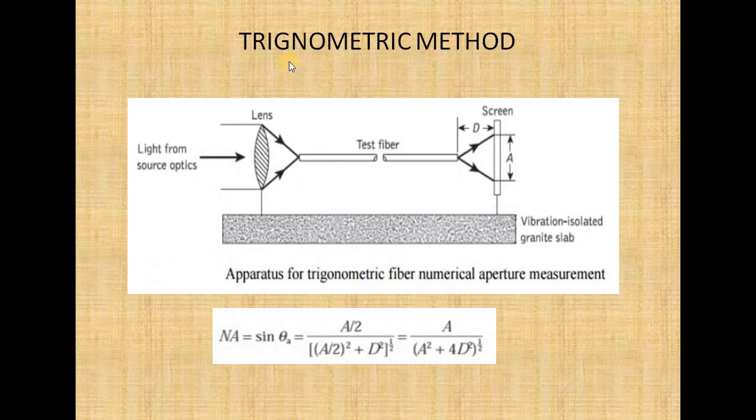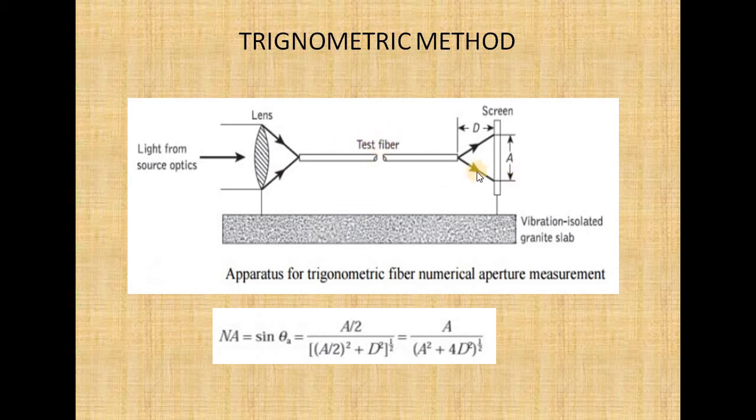A less precise method of obtaining the numerical aperture is from the far field pattern by the trigonometric method. Here the light from the optical source is focused by the lens. This lens is used to focus the light only into the core of the optical fiber when the end prepared fiber is located on an optical base plate.